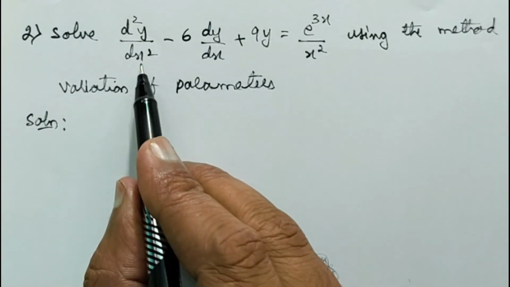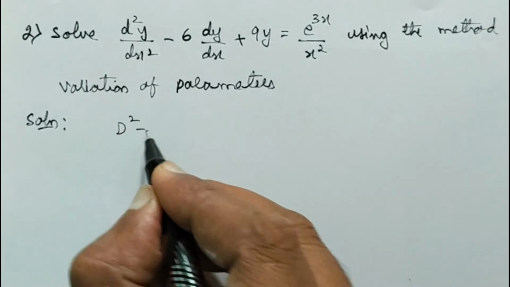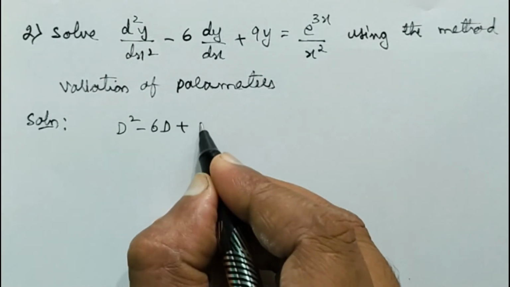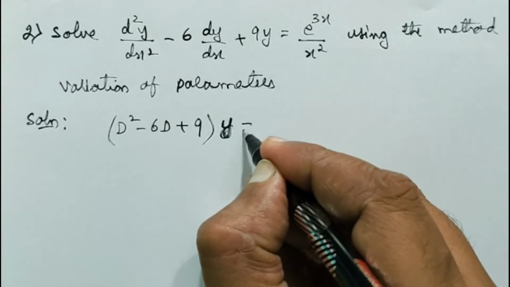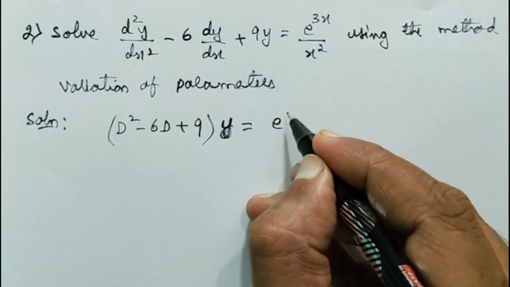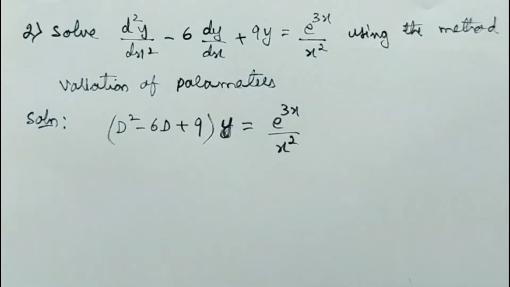So let us write this differential equation in the form of the operator: d square minus 6 times d plus 9 times y is equal to e power of 3x divided by x square.